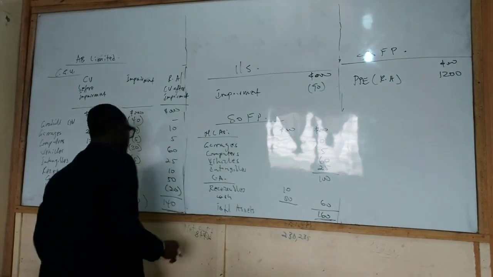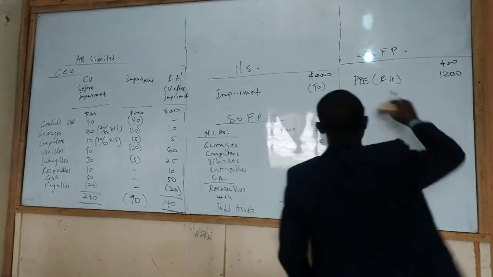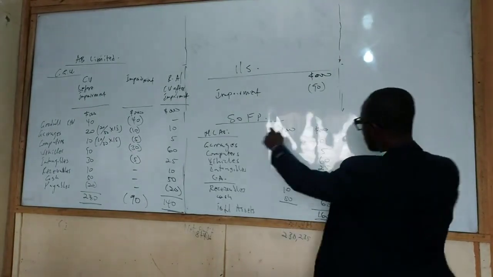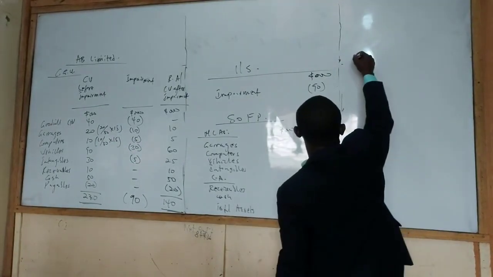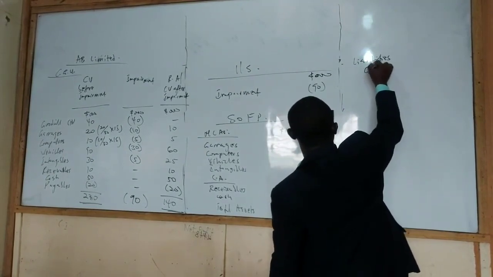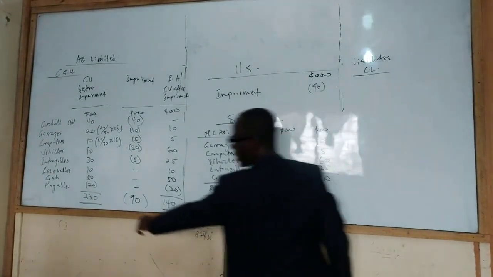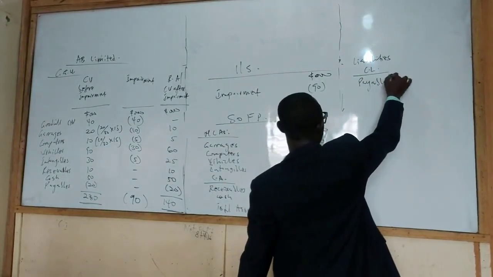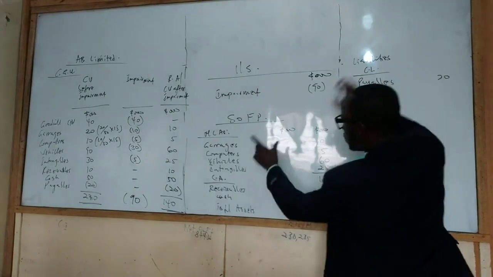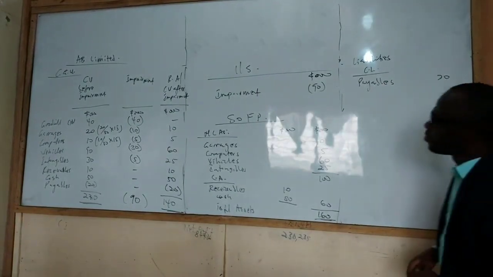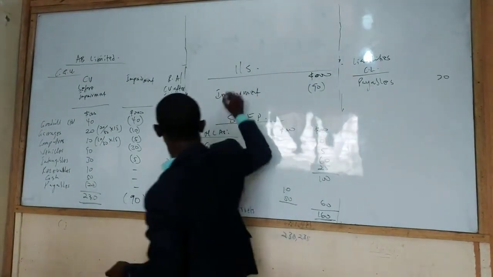Then we bring the liability. So liabilities. And under that we have only current liability, and that is the payables. And that is 20. So this is how the statement of financial position will now be prepared for the company.